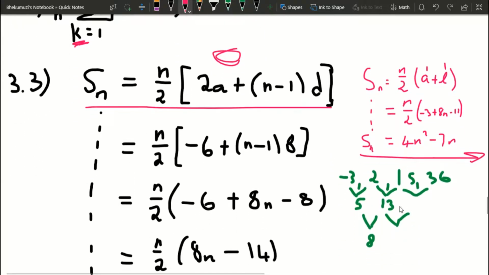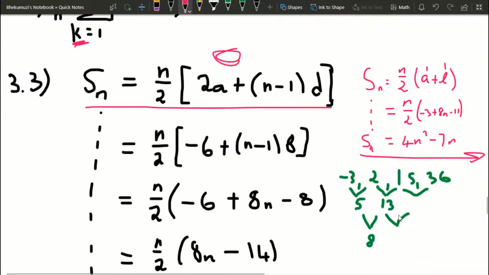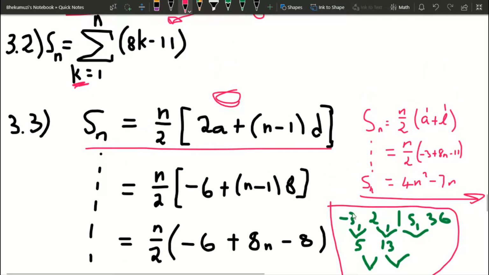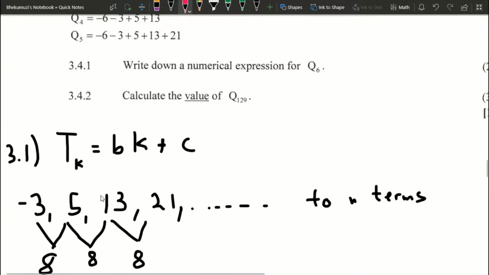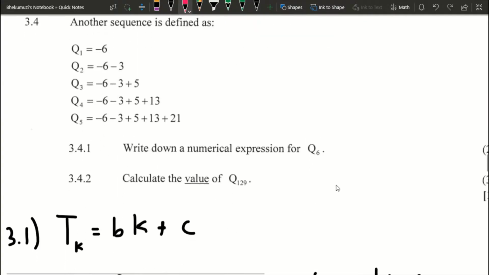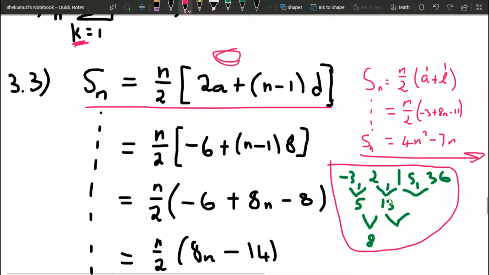Or you could have noticed that the sums of these numbers make a quadratic pattern, right? What do I mean? Remember, the first term is negative 3, but the second term is plus 5. So negative 3 plus 5 gives us 2, and then it gives us 15, and then it gives us 36.